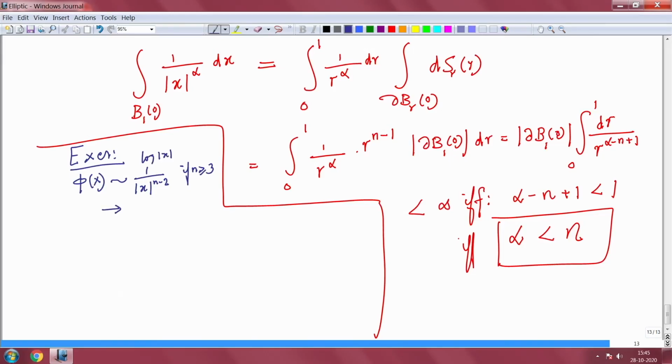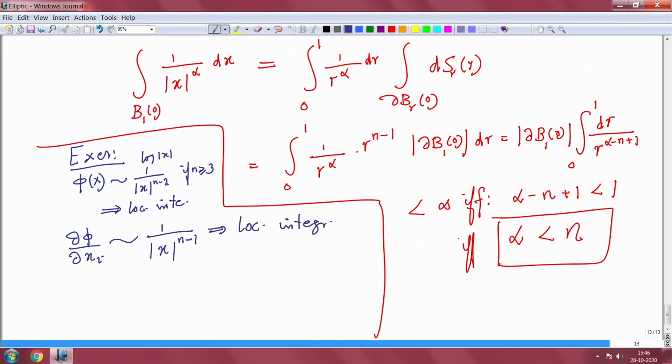This is locally integrable by this reason. For n equal to 2 you can do it separately. Now, you compute d phi by dxi, you can see that this behaves like 1 by mod x to the power n minus 1, again implies locally integrable.